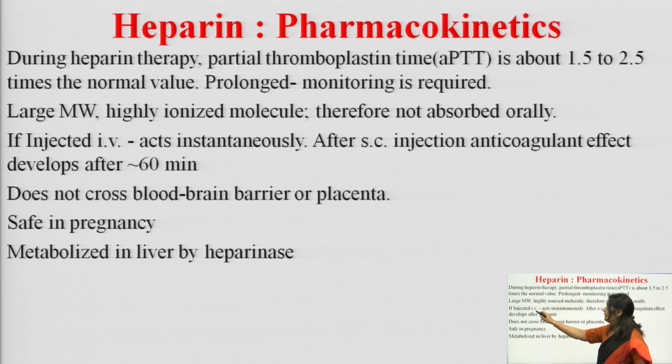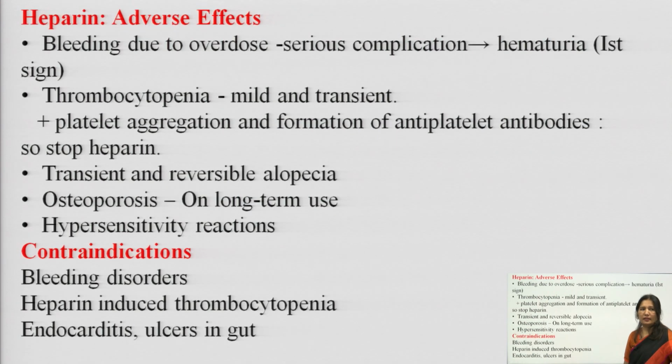If injected intravenously, it acts immediately, but after subcutaneous injection, anticoagulant effect develops after 60 minutes. It does not cross the blood brain barrier, neither does it cross placenta. As it cannot cross placenta, it is safe in pregnancy, and it is metabolized in liver by heparinase.